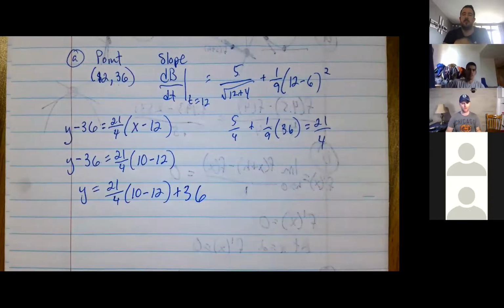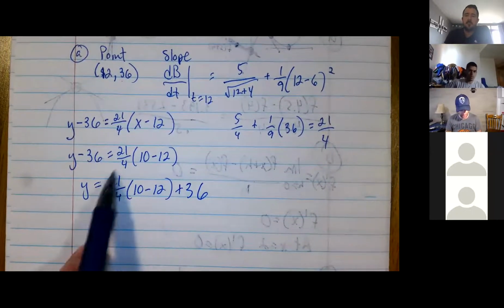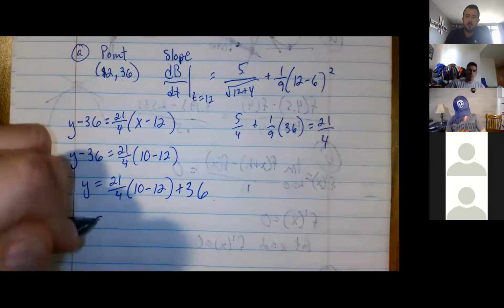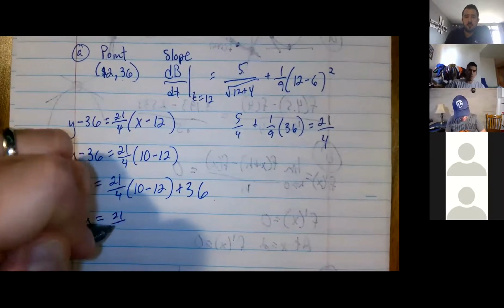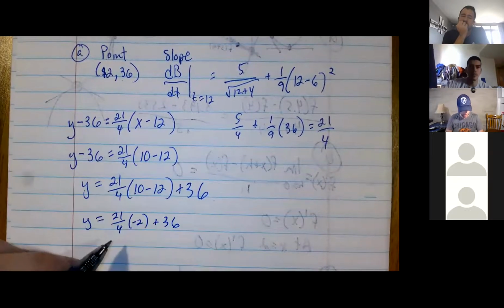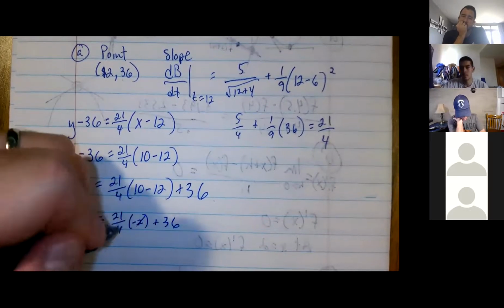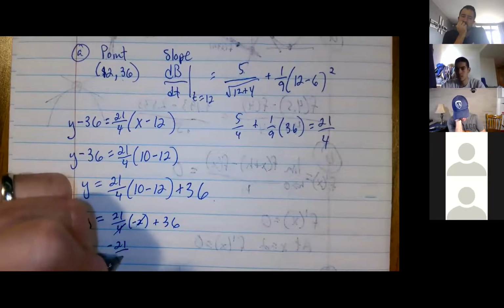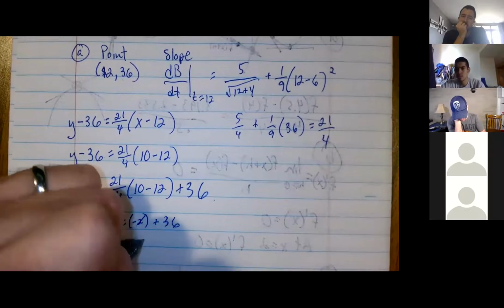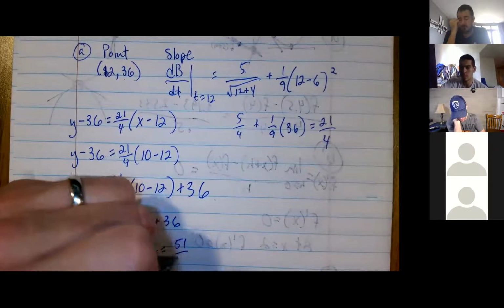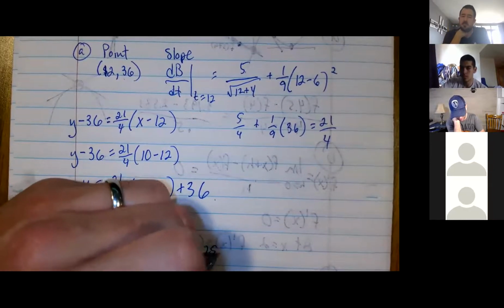Now, once again, you don't necessarily have to simplify this. But if you do, of course, 21/4 times -2 plus 36. 21/4 times -2 reduces, and you get -21/2 plus 36, which would be 72/2, and so you get 51/2 or 25.5.